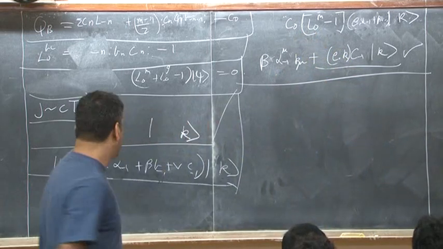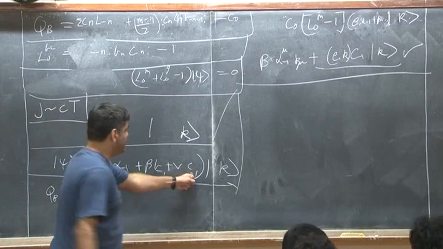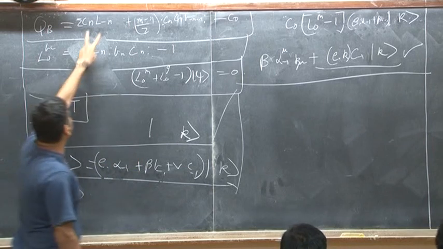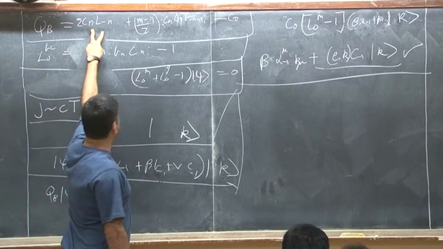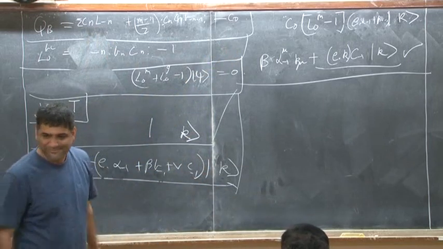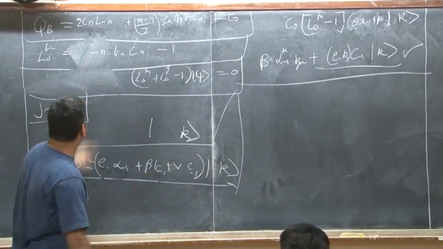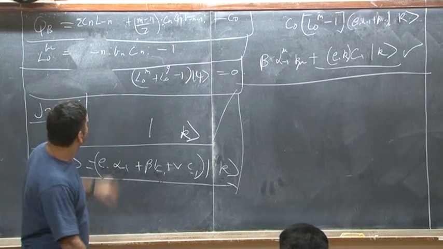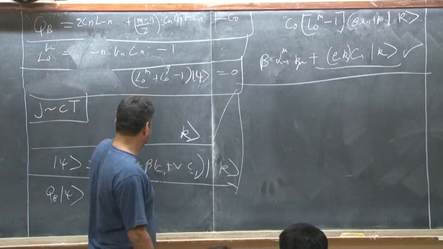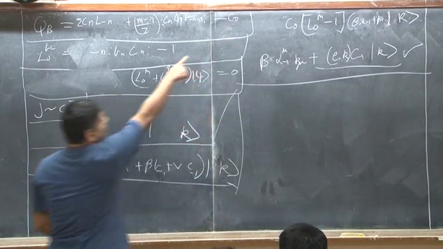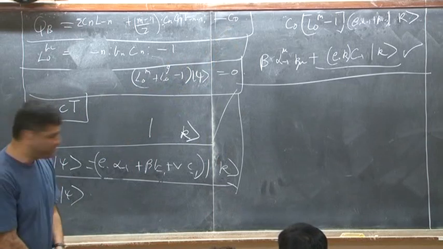Okay? What about the term acting on the C? So let's see. Anything from here? Well, you get C0, L0. Same story. I'm not going to worry about the C0 term. Okay? Anything non-C0? No. What about this term? Well, that's clearly a C0 term.